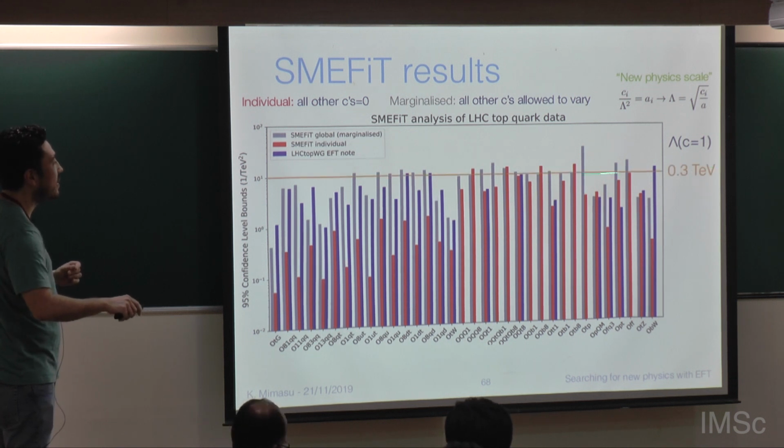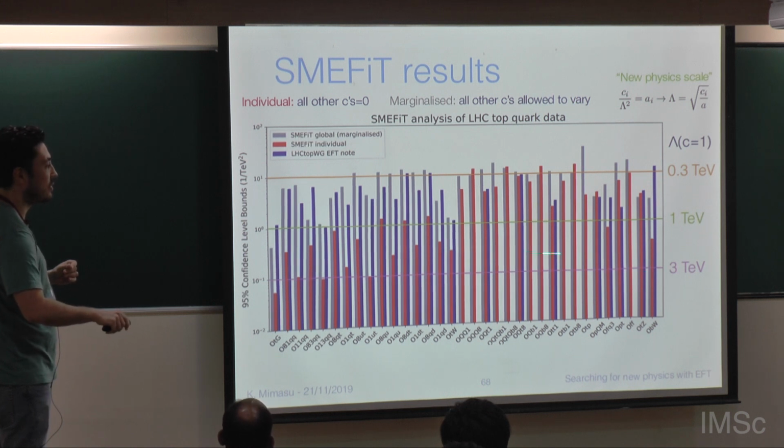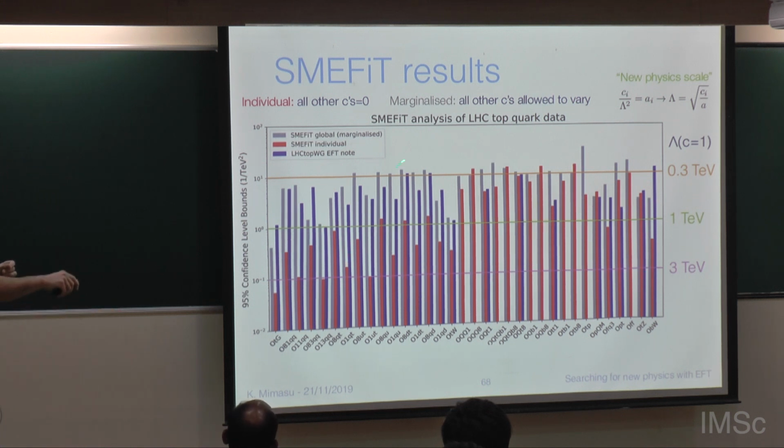Up here you have 0.3 TeV, so only 300 or so GeV. Here you have 1 TeV, and down here you have 3 TeV. So that's the ballpark range of the constraints in terms of an energy scale, assuming the Wilson coefficient is set to 1.